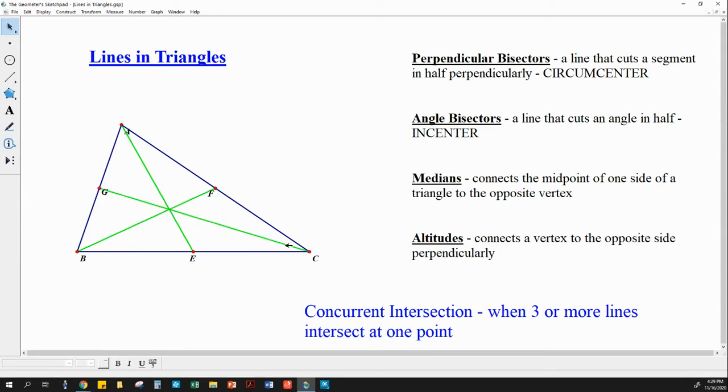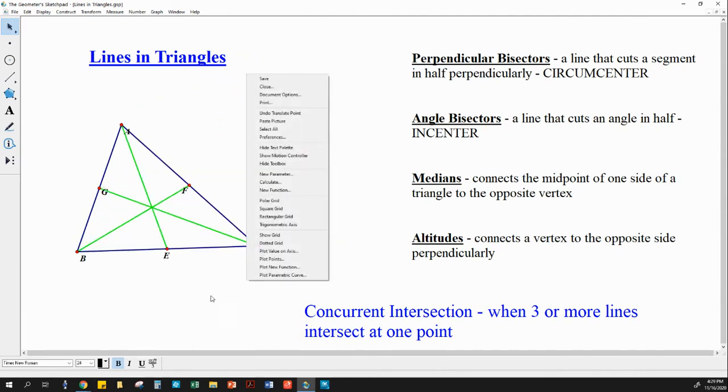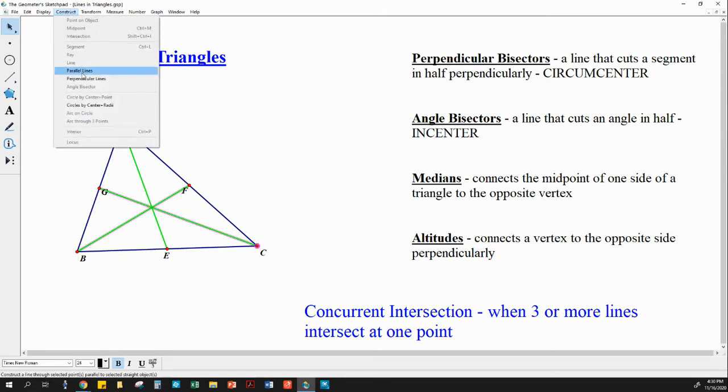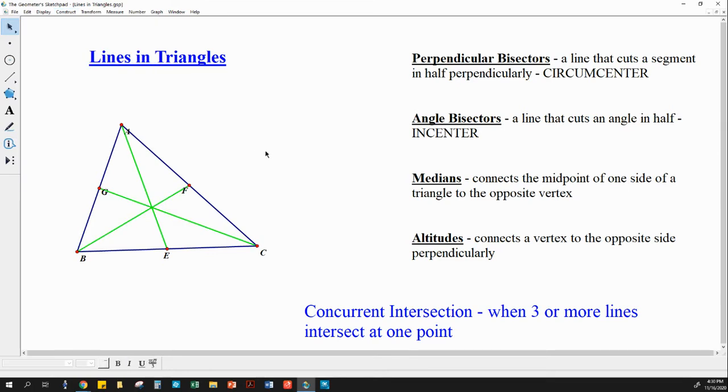Again, we have a concurrent intersection. Doesn't matter what I do to this triangle, we're going to have that intersection there. I select this line, construct intersection. For medians, that intersection point is called the centroid.